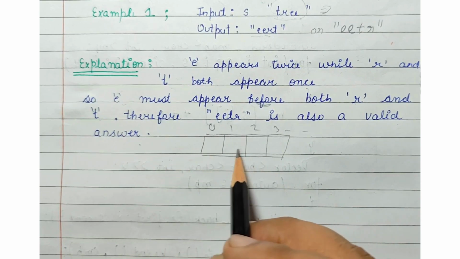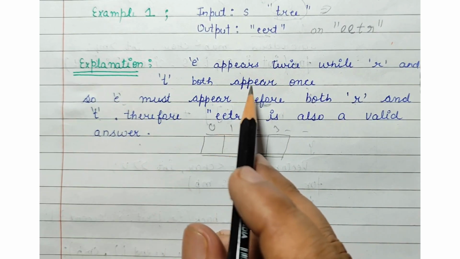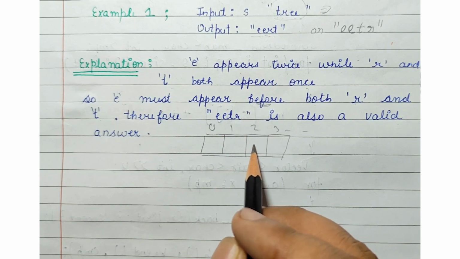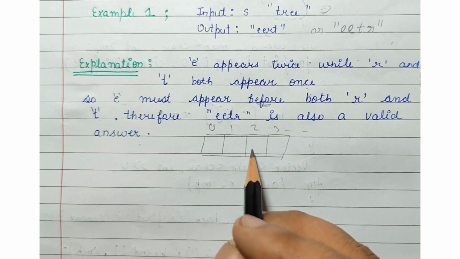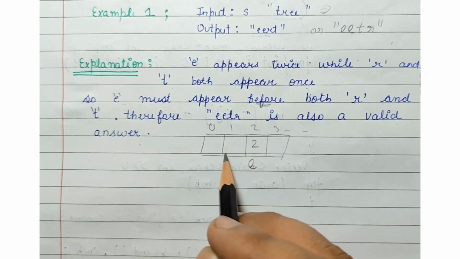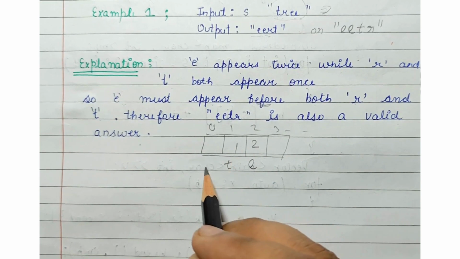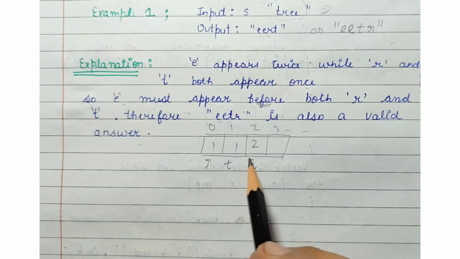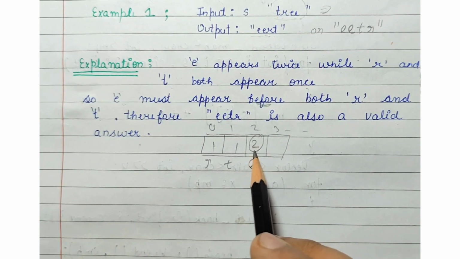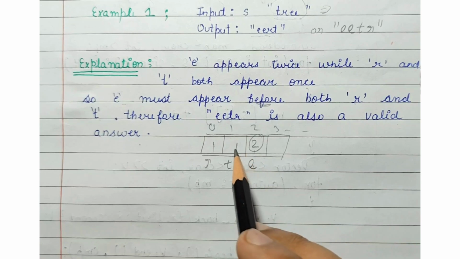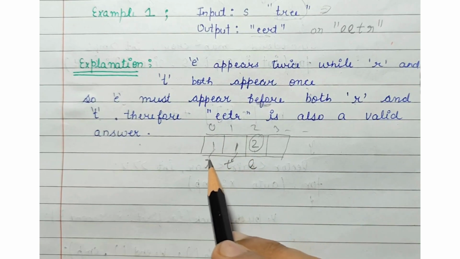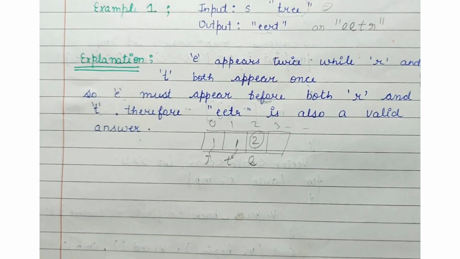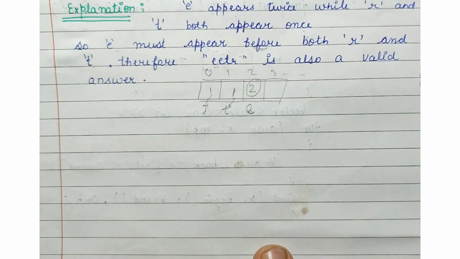Now in this array we store the frequency, like E will come 2 times. We store the frequency of E here, then the frequency of T here, R here. But how do we match that this frequency belongs to E, this frequency belongs to T, this frequency belongs to R?